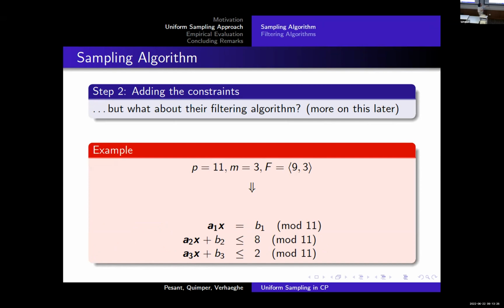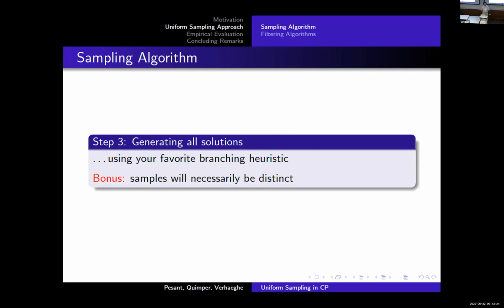So here it's not 9 and 3, it's 8 and 2. You generate this, then add it to your model. And then you use your favorite branching heuristic, it doesn't matter. You have a new CSP, you just generate all your solutions, okay?